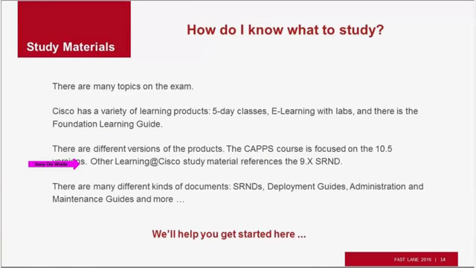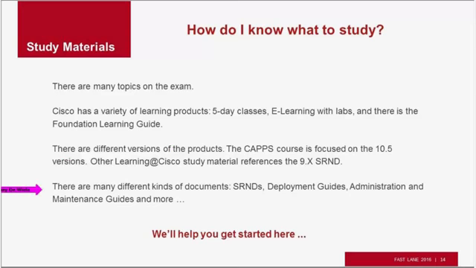Unity Connection, Call Manager version 9, Unity Connection, Call Manager version 10. When you look at the kinds of questions you're going to be asked, 9.x versus 10.x, it doesn't make so much difference. What I'm doing to pass these exams is I'm focusing on 10.5.